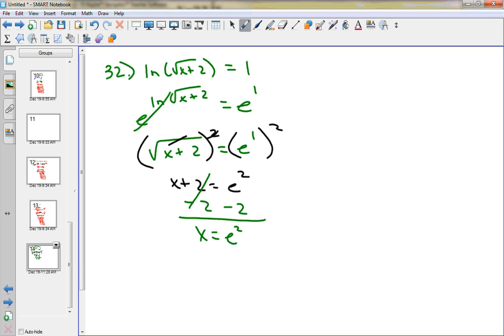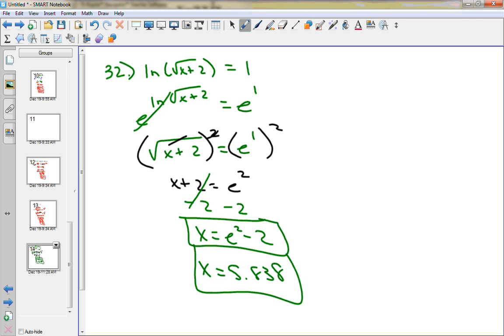X is equal to e squared minus 2. And what decimal does that give you? 5.38.